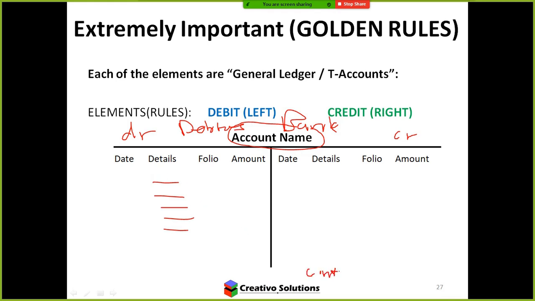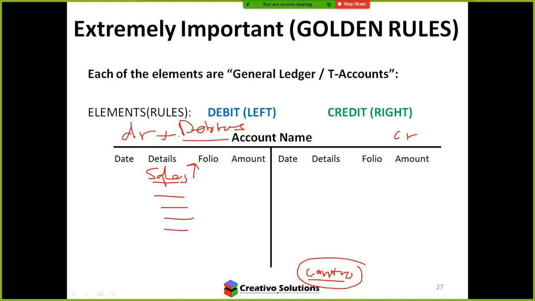So if I'm looking specifically at, let's use debtors because we spoke about a sale earlier. If this account is debtors, what will I see in this account? I'll see sales. I'll see the contra account. The contra account will be on the debit side because sales will increase my debtors because it's an asset. Debit plus, credit minus.